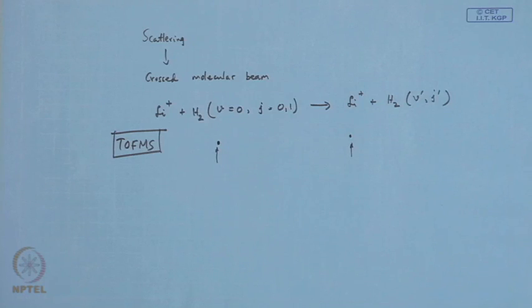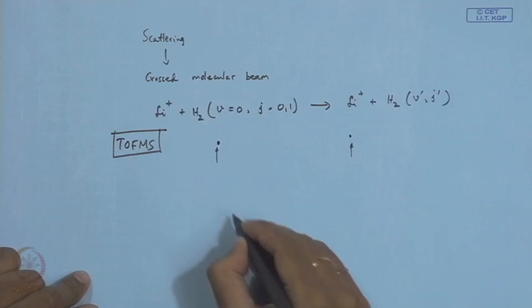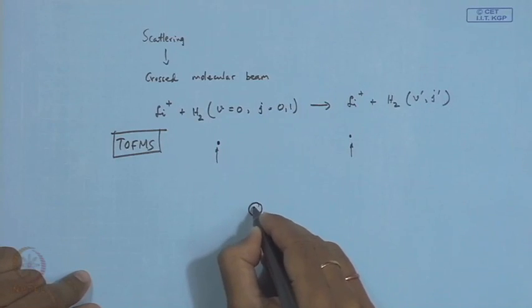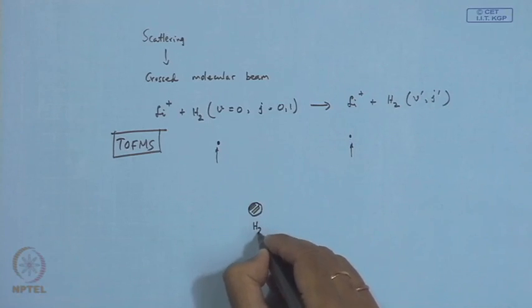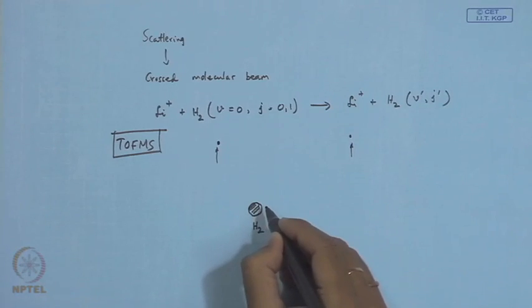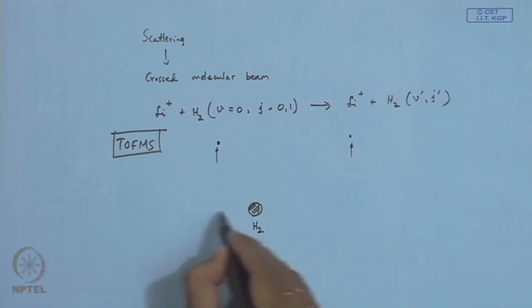Now, when it is the case of scattering, there is a provision for head on collision and there is a provision for sideways colliding, say the molecule can go like this. So, you have got H2 over here, although it is a diatomic, here we are showing it just as a ball.